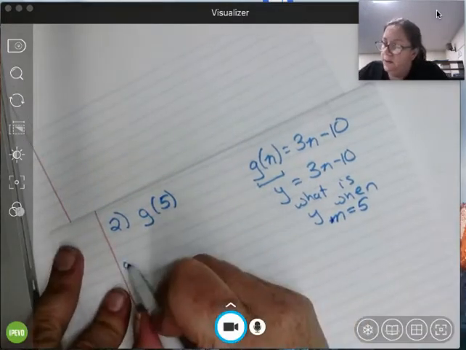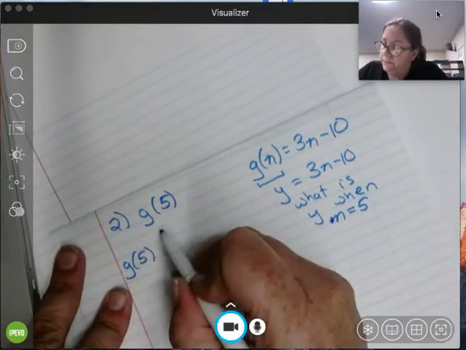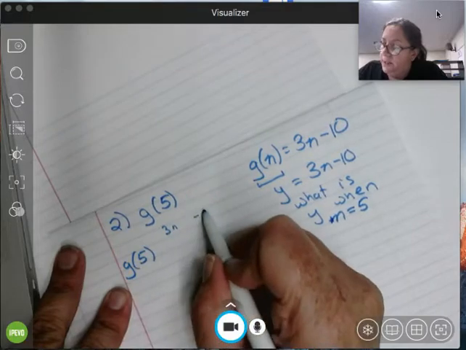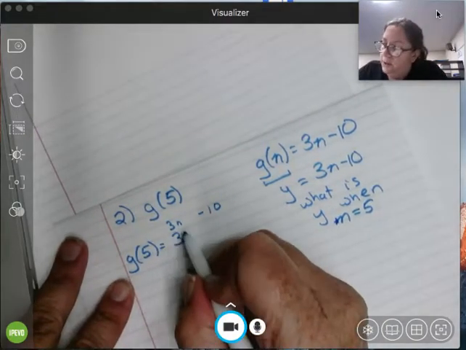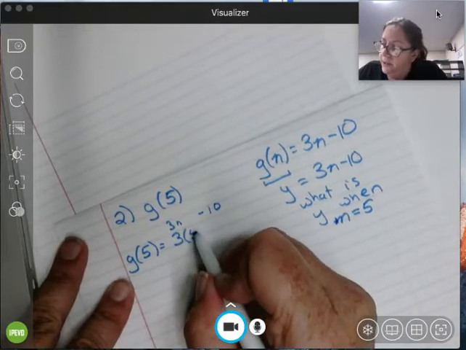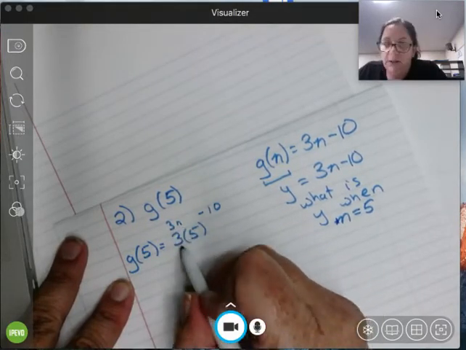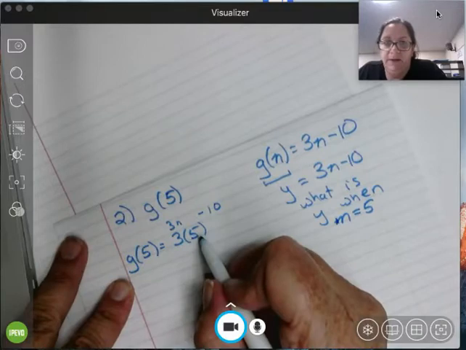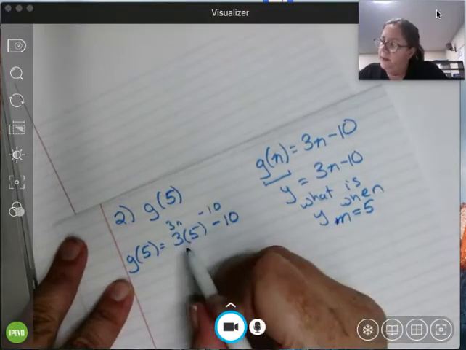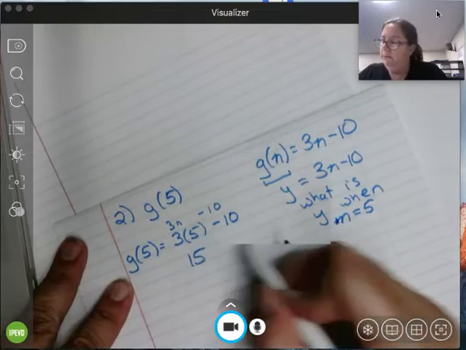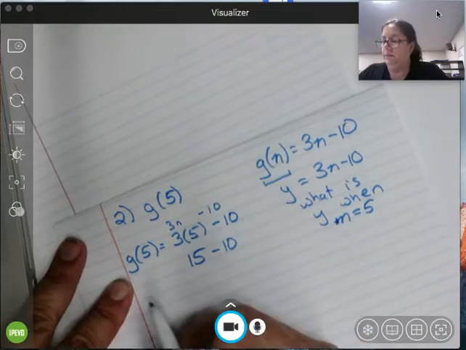Okay, so here we go. G of 5. We had 3n minus 10. We're going to replace the n with a 5. That's 3 times n, so I wrote 3 parentheses 5 minus 10. 3 times 5, we all know that's 15, minus 10.